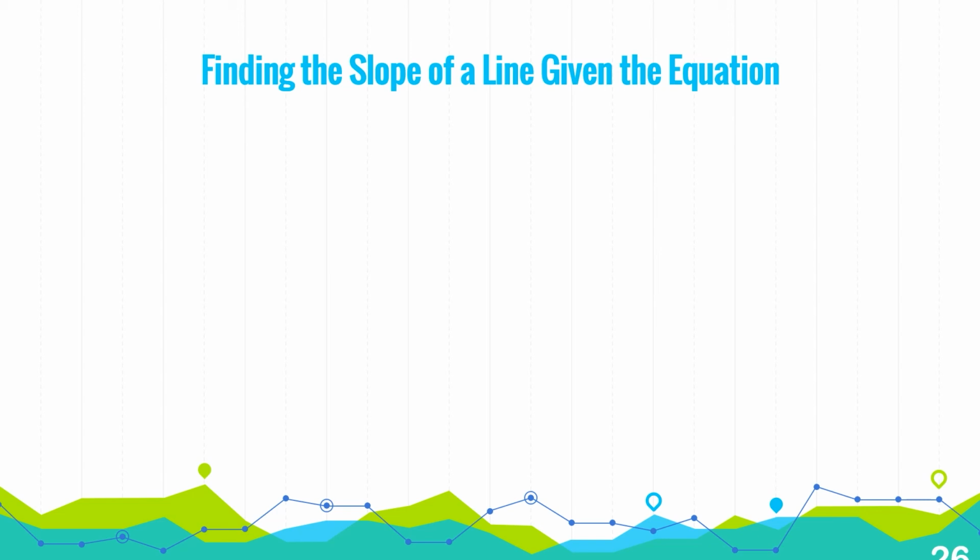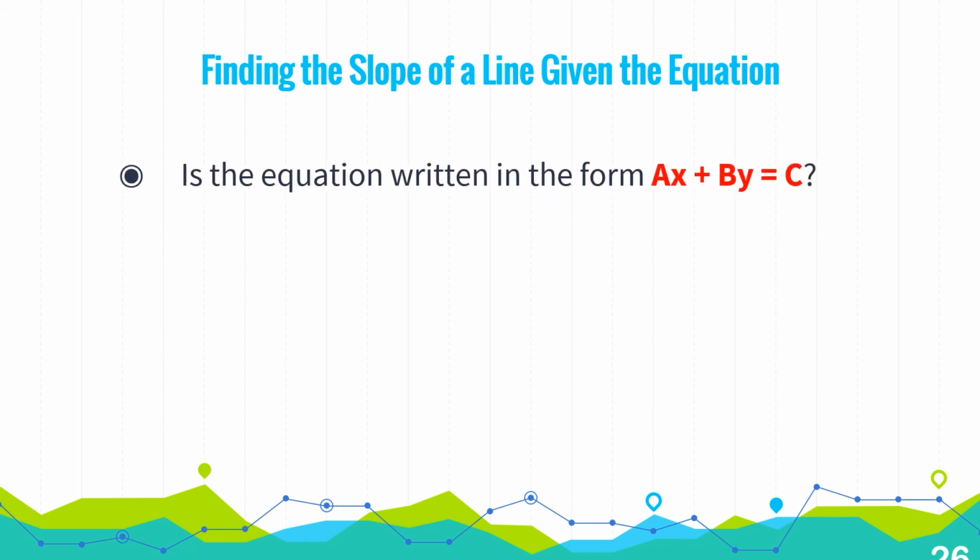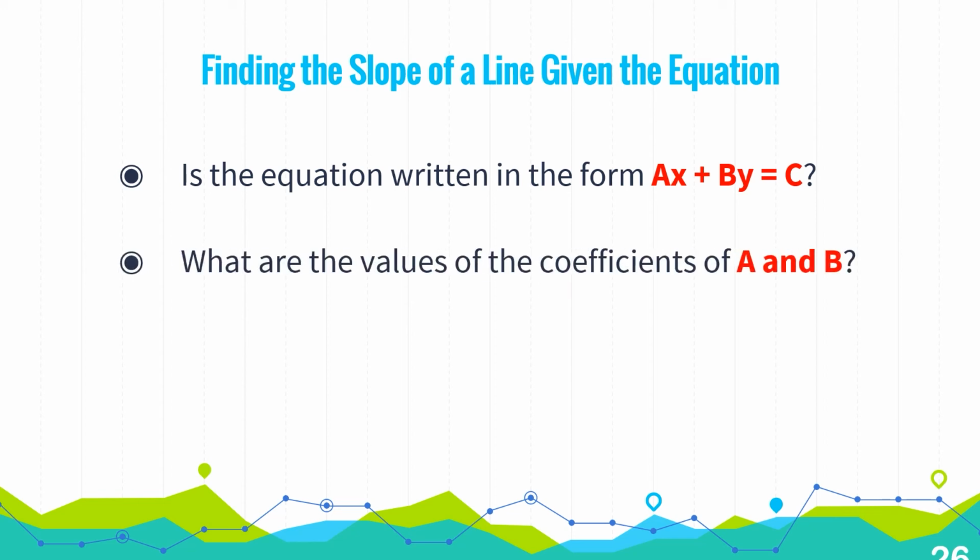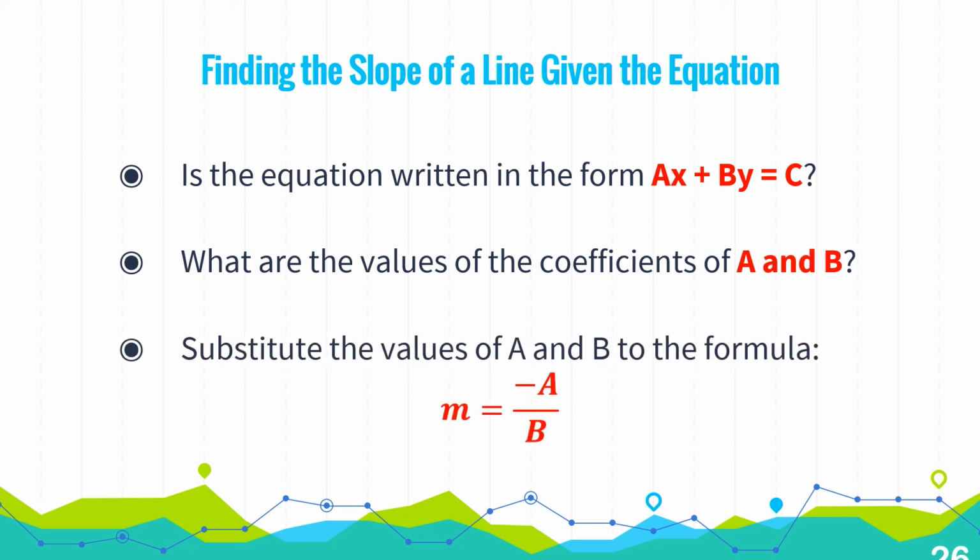First, is the equation written in the form ax plus by is equal to c? Next, what are the values of the coefficients a and b? And the last one, substitute the values of a and b to the formula m is equal to negative a over b.